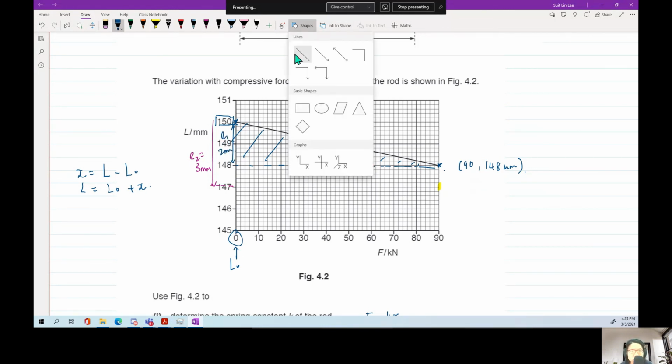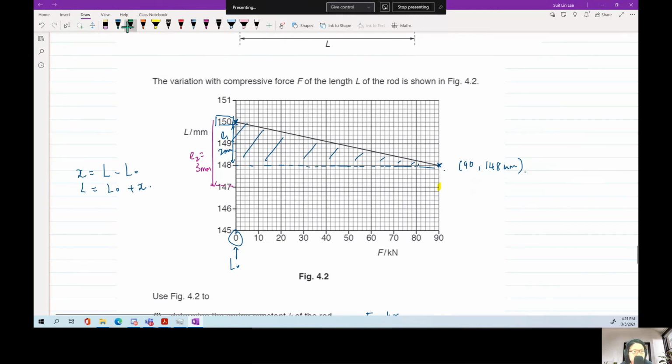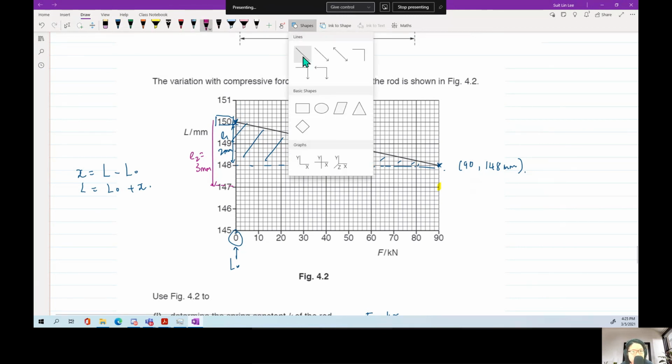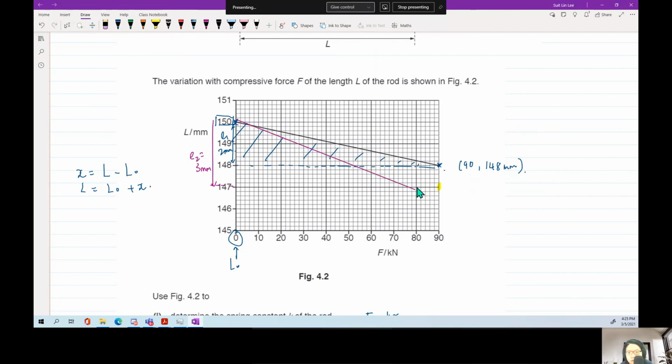Then draw a straight line. Somewhere here, like this. Make sure you start from the same original length, so it should also intersect with 150. Okay, that's all. This one is the line in 4C.